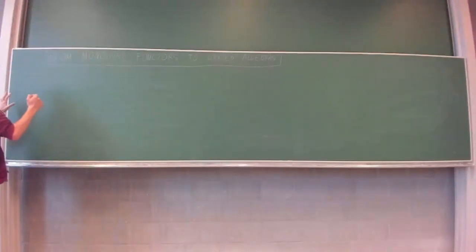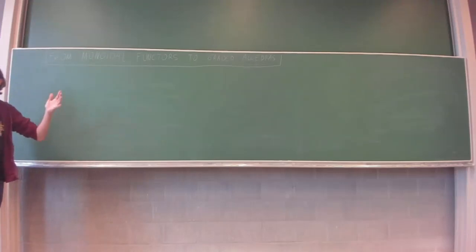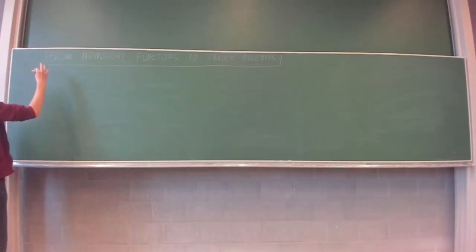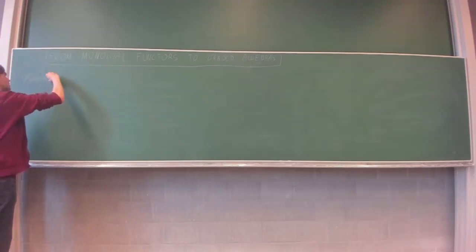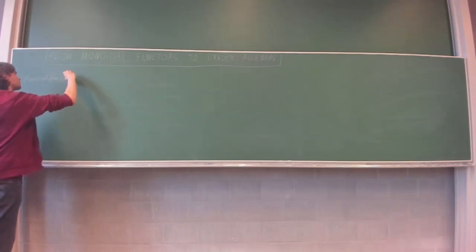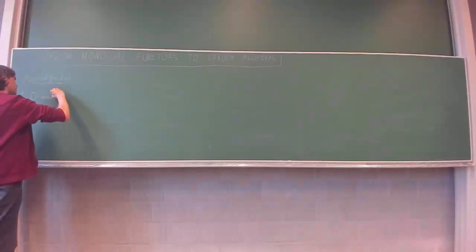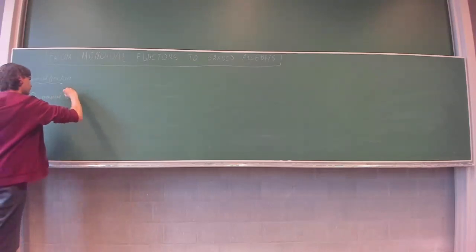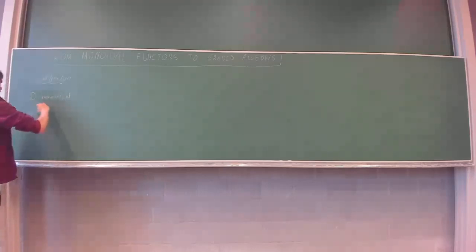Recall that I spent last time explaining this, so I will assume that now everyone knows what a monoidal functor is. Just the notations. If I have two monoidal categories C and D, first I will write Hom(C, D) like this.